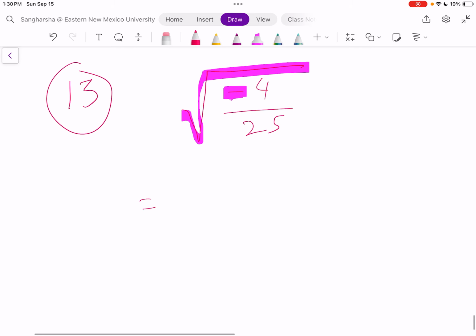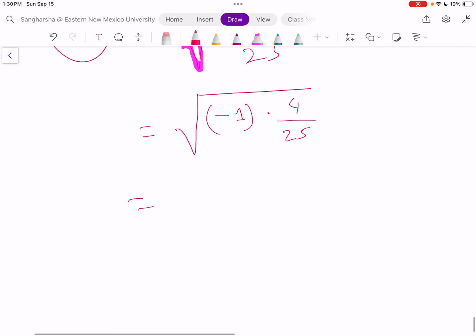So we need to rewrite this number without having a negative number under the radical. We have the radical of negative 4 over 25, and we can rewrite this as negative 1 times positive 4 over 25.